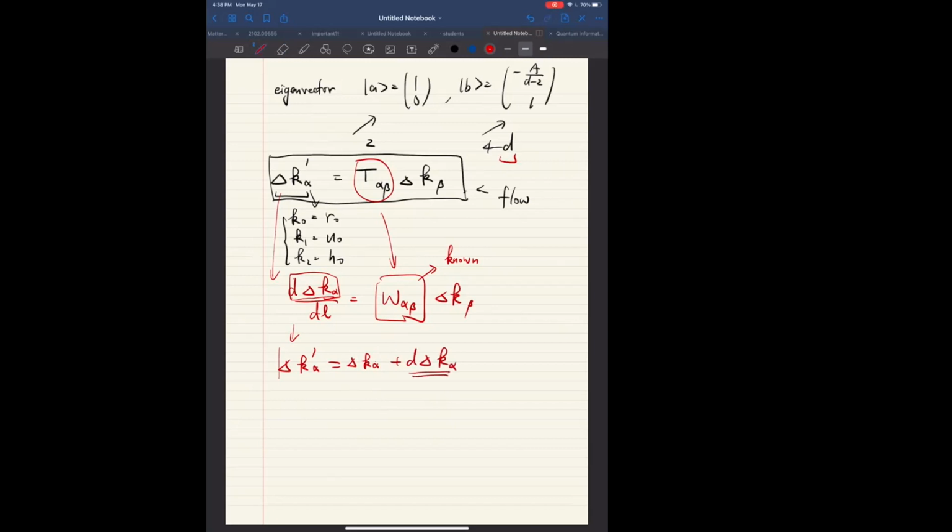And this is nothing but omega alpha beta dl times delta k beta, and this is k alpha. So we are left with delta alpha beta plus omega alpha beta dl times delta k beta, right? So you see, you immediately get the relation T alpha beta from the omega alpha beta, which is this matrix.